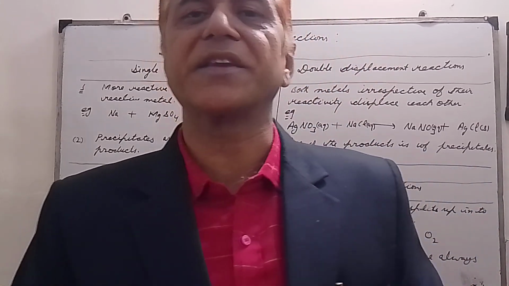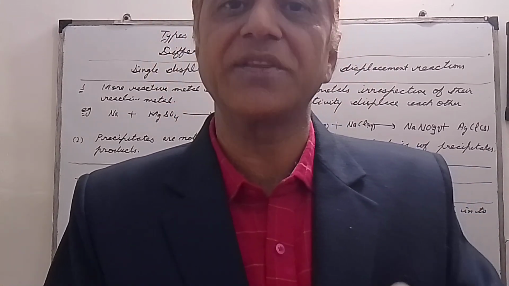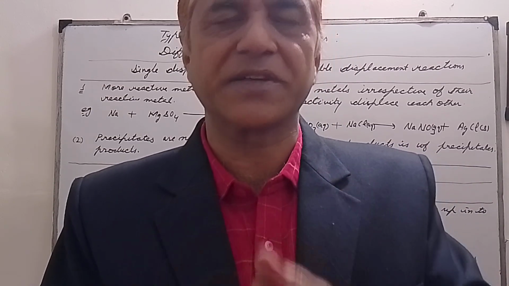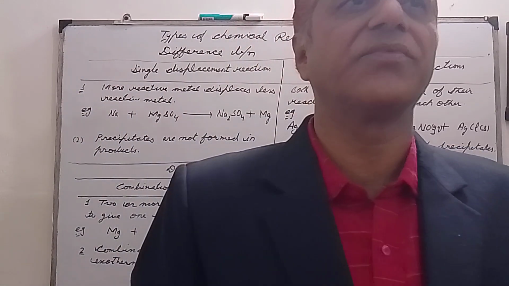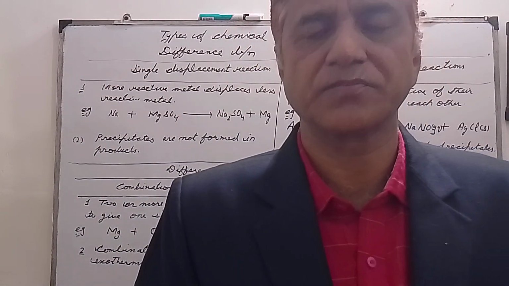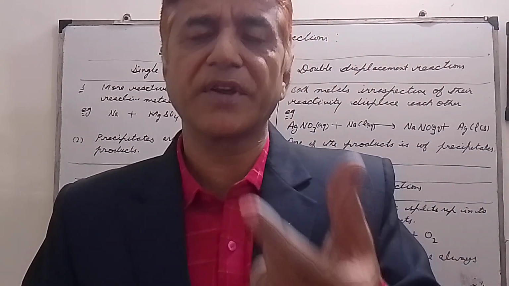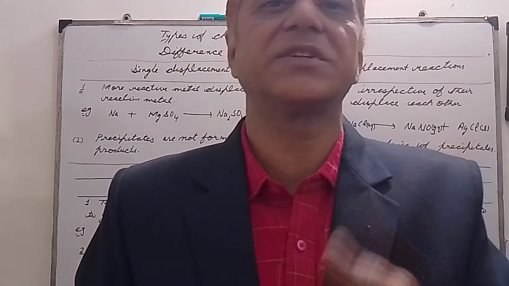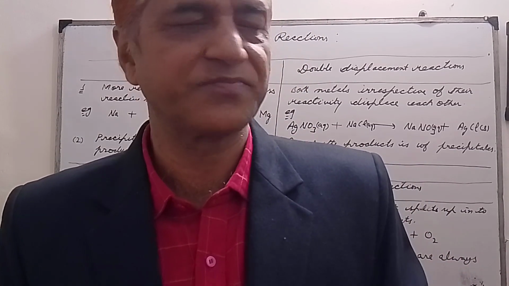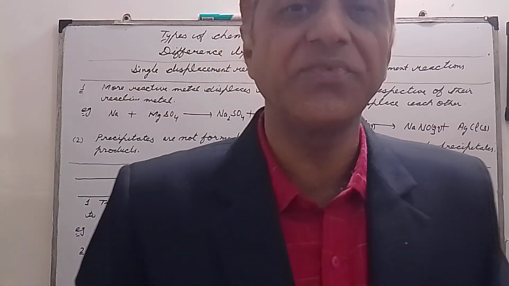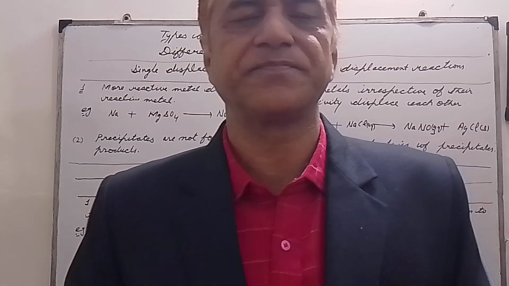Acids are also ionic compounds. They also give ions. And since we have two products, one of them is always in the form of a precipitate in double displacement reactions. So students, this we had already done.